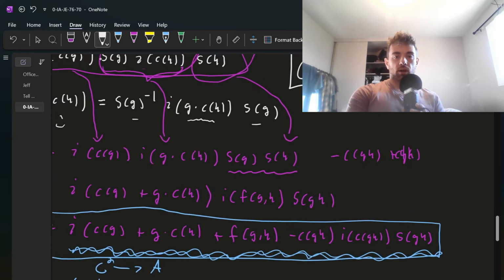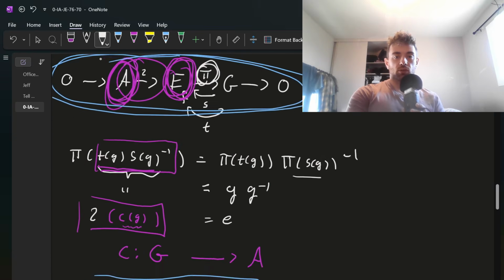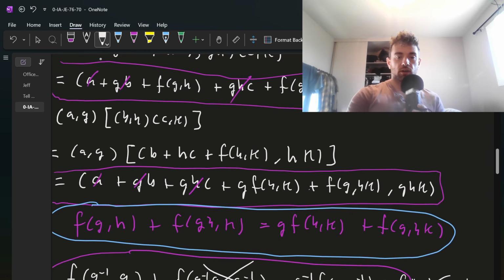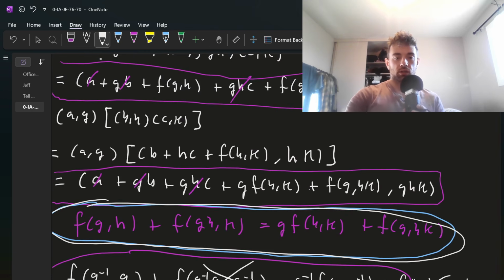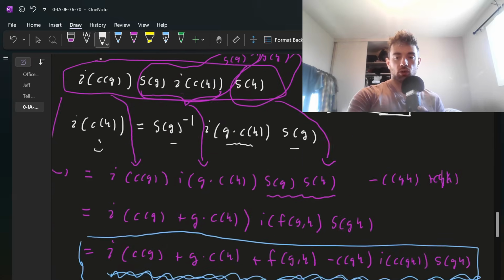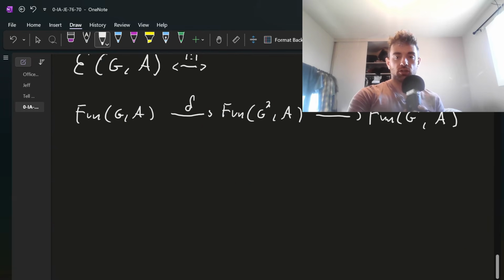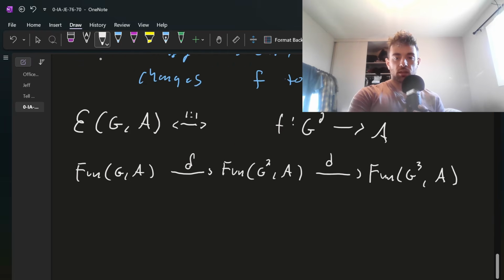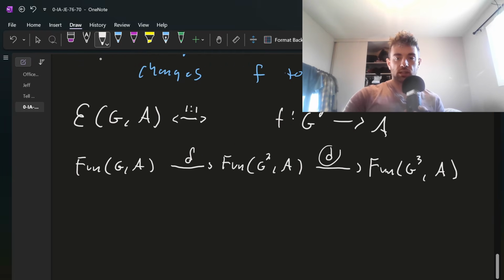What is the D that I wrote? It's going to exactly be the function that, well, I'm going to spit this out in a second. So how is the D going to be defined? So if we have an f that goes from G squared to A, this D is going to take that and return a function on 3 variables.